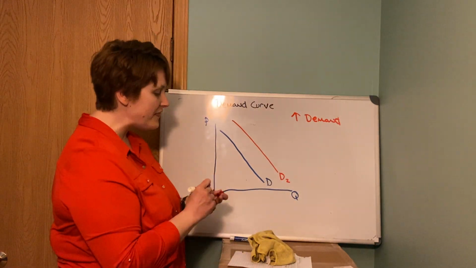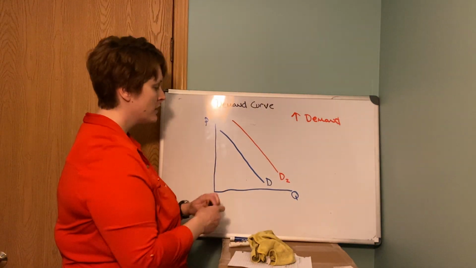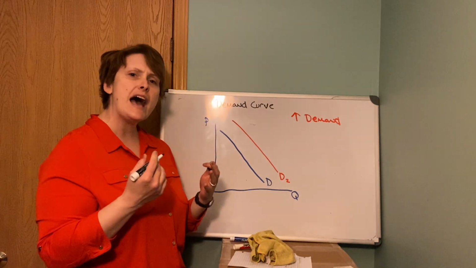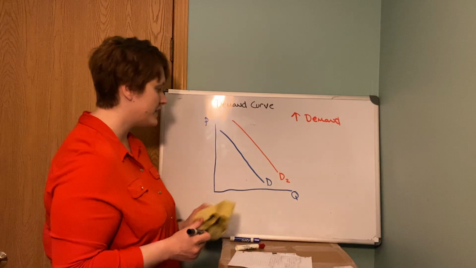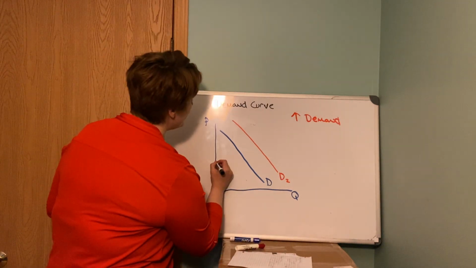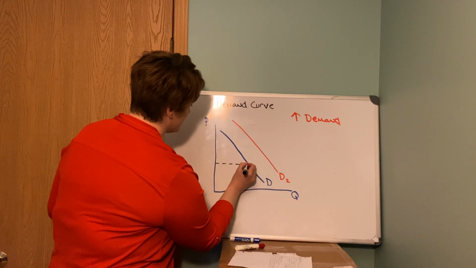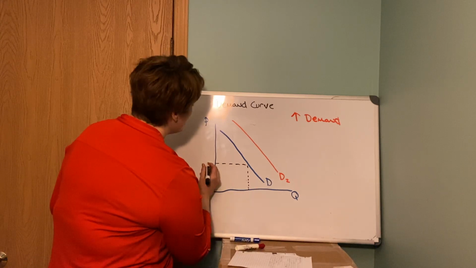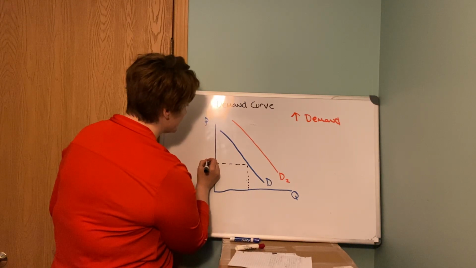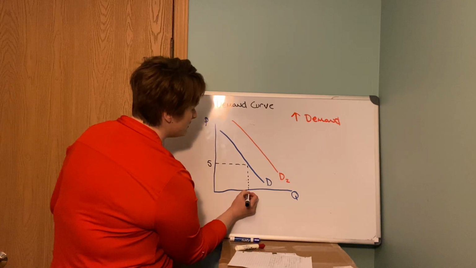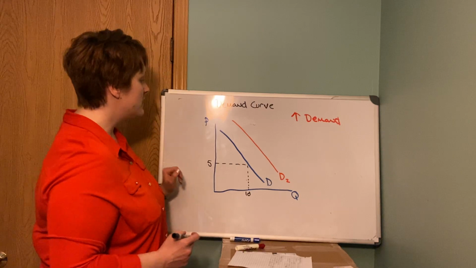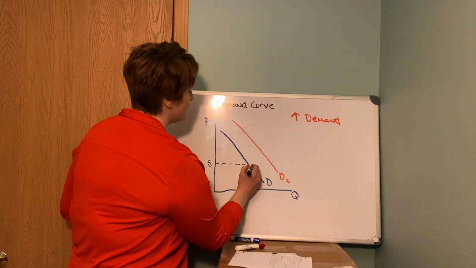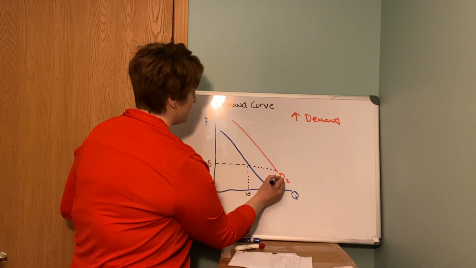So now let's see how our quantity and price points change as we look at this curve. Originally, let's put some numbers in this again. Let's call this 5, 10, and let's call this 20.